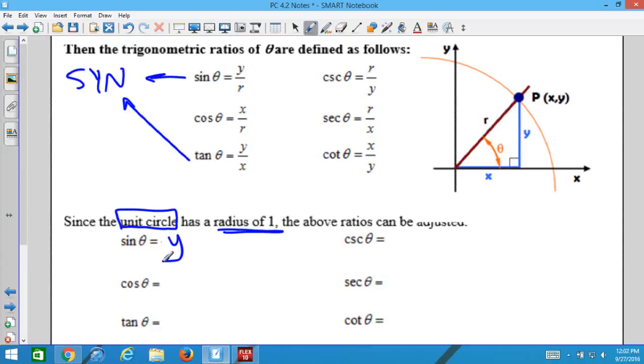So if I'm looking at this picture over here, and I know the ordered pair, I was going to make something up. If I knew that the ordered pair was 2, 3. Nope, that's not going to work because that's not in the unit circle.